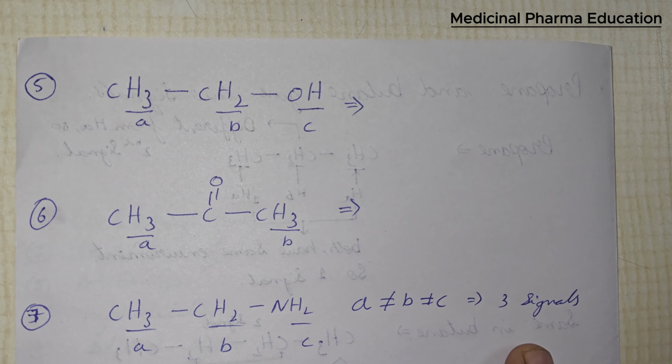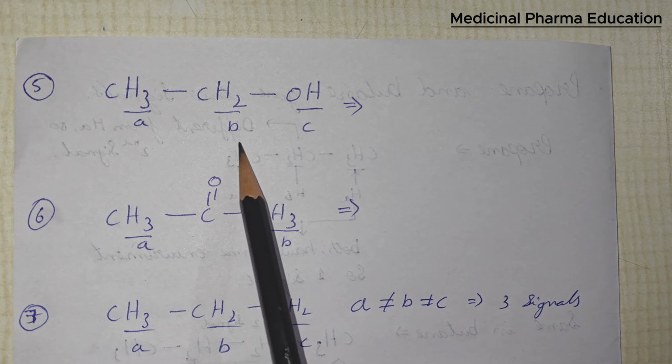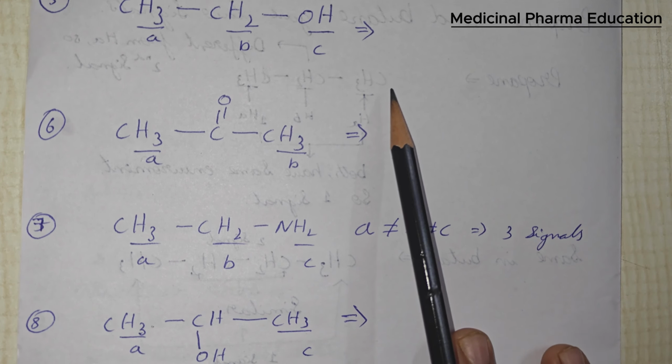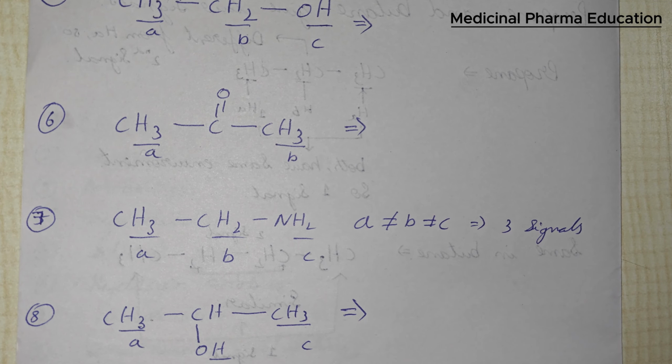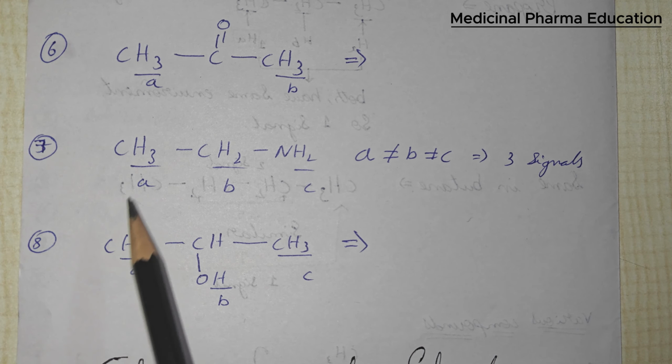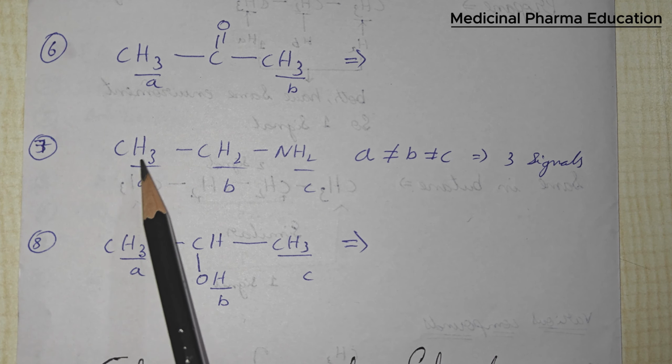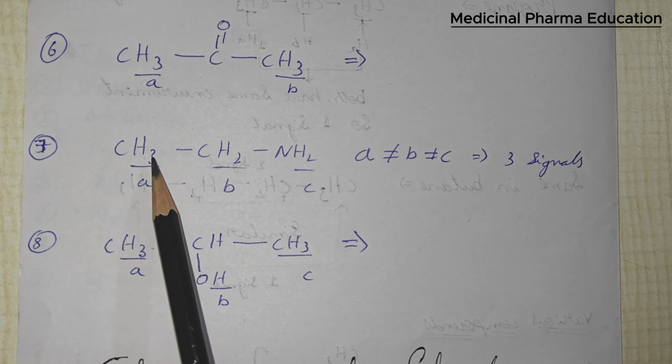I think you've understood the topic. If you have not understood the topic, just ask me, I will tell you. See, this is your homework. Tell me the 5th one, how many signals are there, and tell me the 6th one, how many signals are there. The 7th one I just showed you. See, CH3, CH2, NH2. Here it contains A proton, this proton, this proton. These are different.